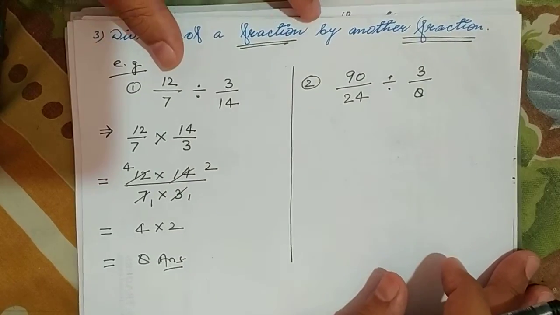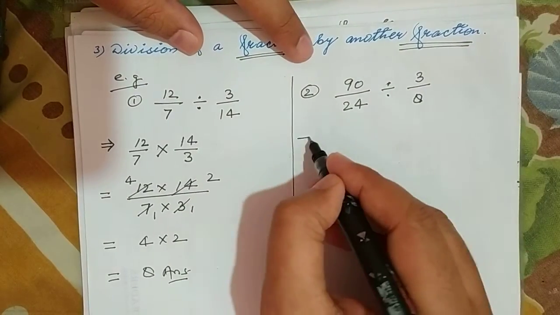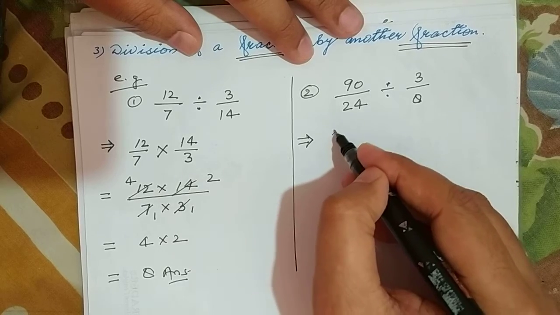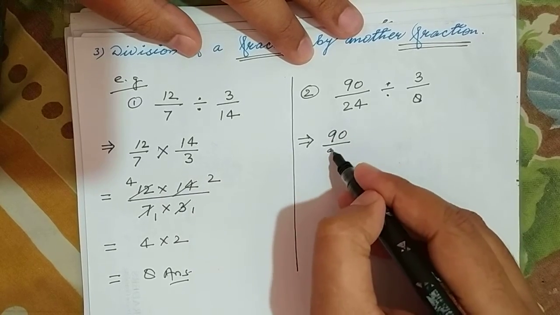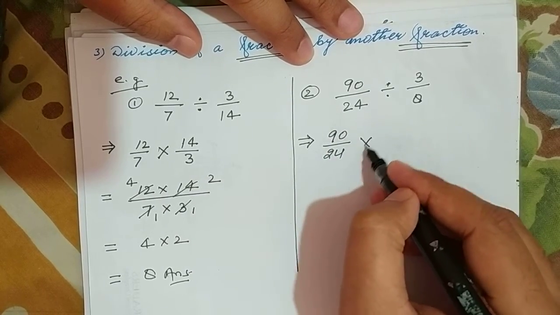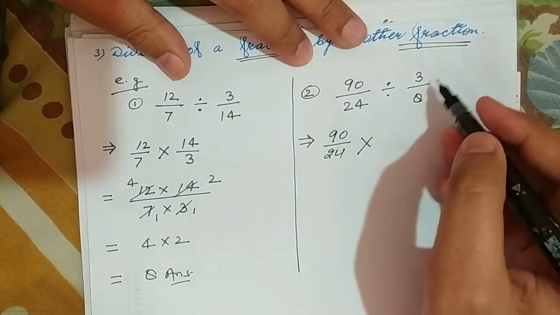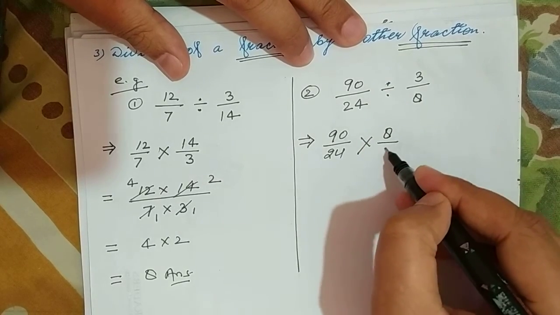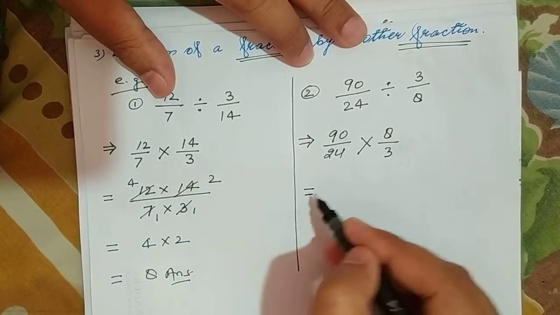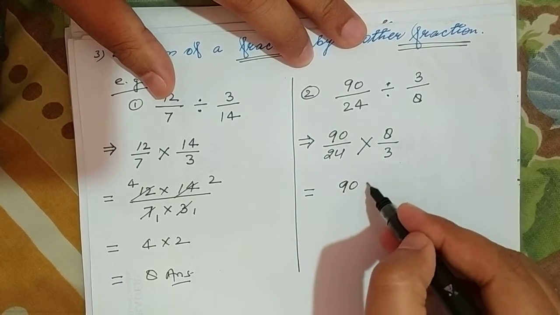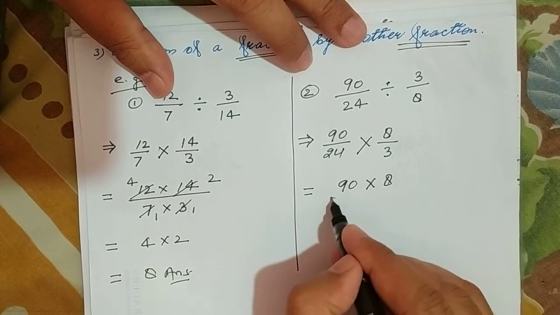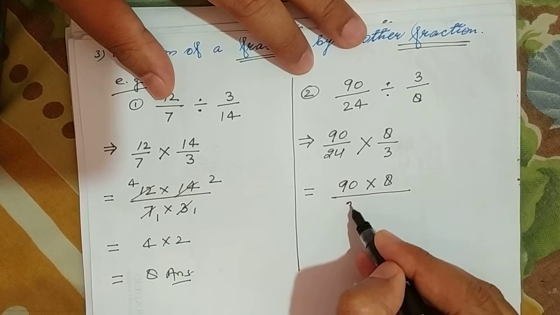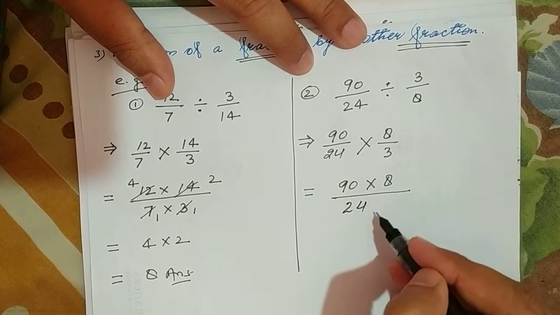Next one. This is given. So simply we'll do again here 90 upon 24 into, and then we'll write the reciprocal of 3 by 8, that is 8 by 3. So product of numerator upon product of denominator.